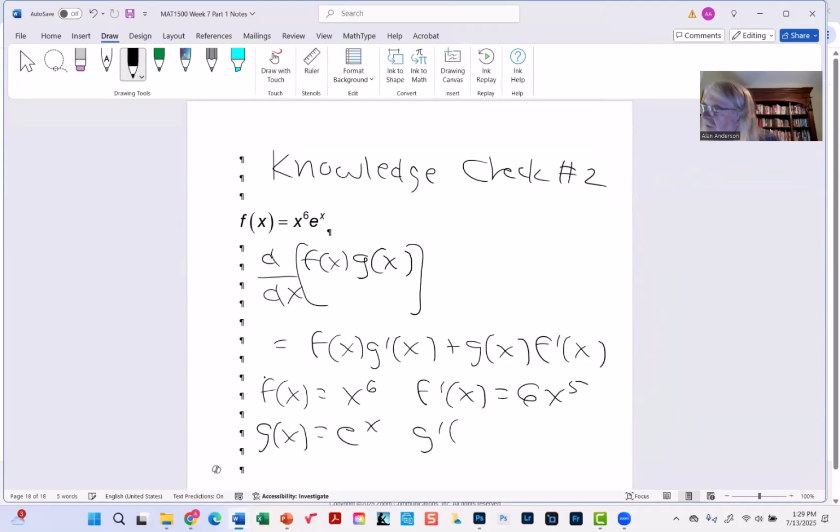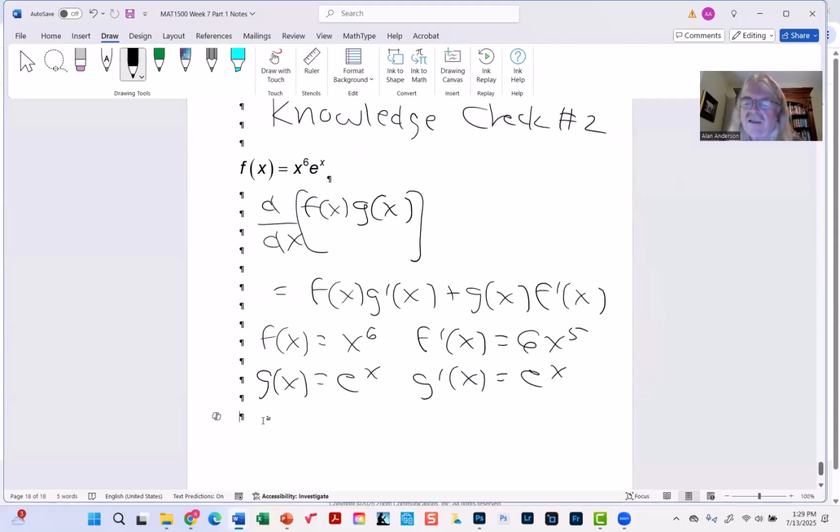And of course, that means g prime of x is also e to the x. It's so convenient. All right.